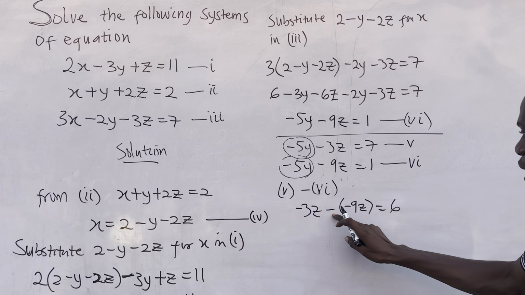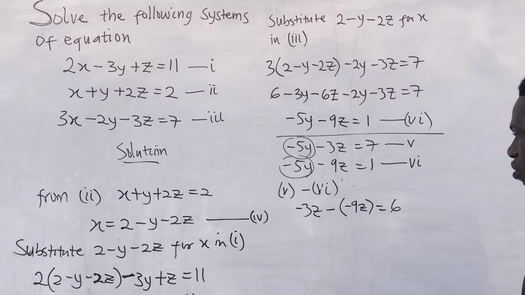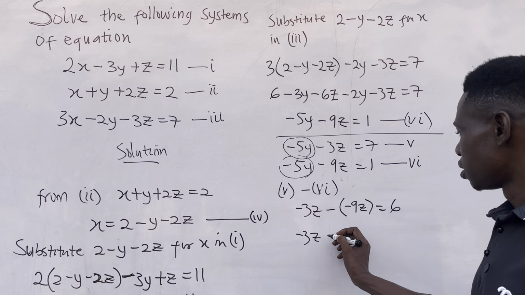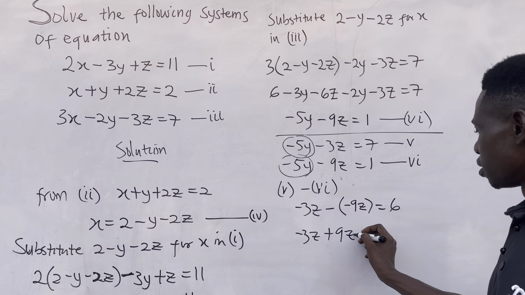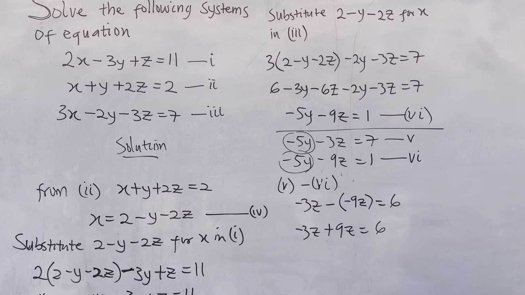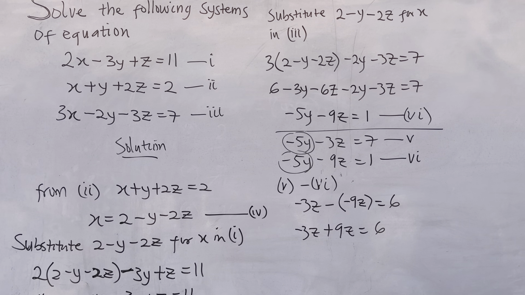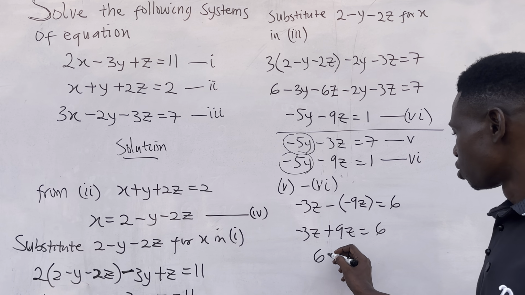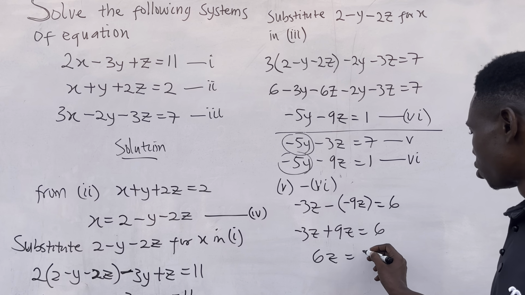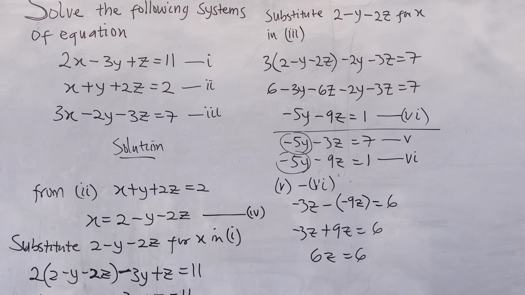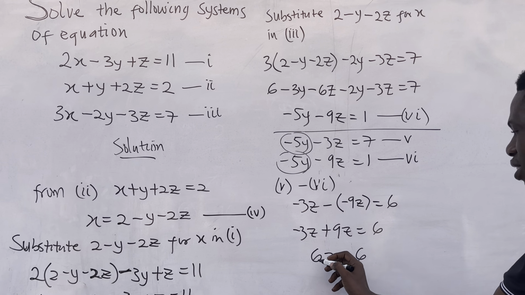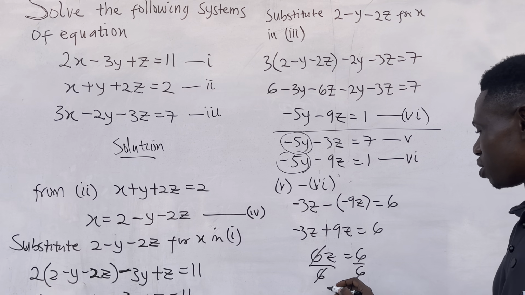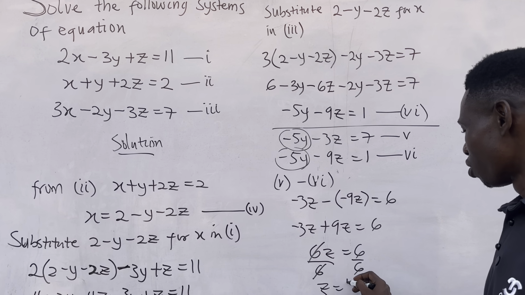So from here, minus minus will give us plus, right? So we'll have minus 3z plus 9z equal to 6. So minus 3 plus 9, that's what? 6. So 6z equals 6. And clearly, we can divide both sides by 6, isn't it? Yeah, so 6 cancels 6, our z equal to 1.